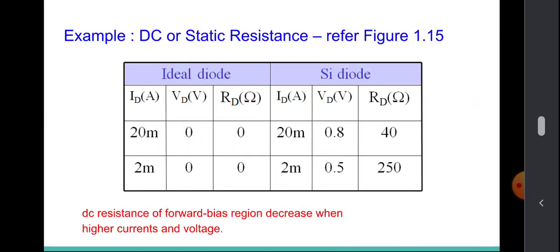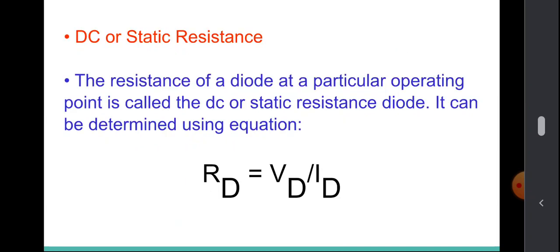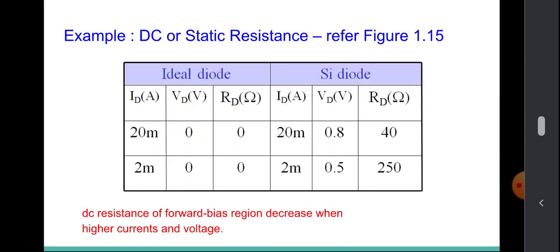Okay, so the difference between the ideal diode and the silicon diode when we compute the DC or static resistance. The equation used is the one that is given: R sub D equals V sub D divided by I sub D. When the current is 20 milliamp, that is 20 mA meaning milli, because it is already written in the upper part that the unit is ampere, the voltage is volts, and the resistance is ohms.